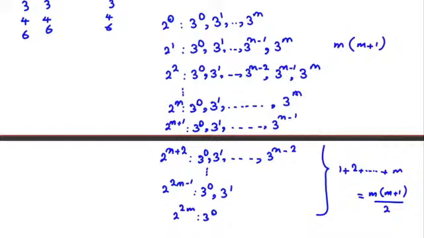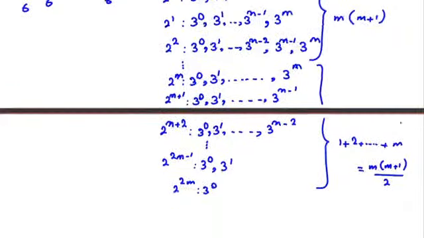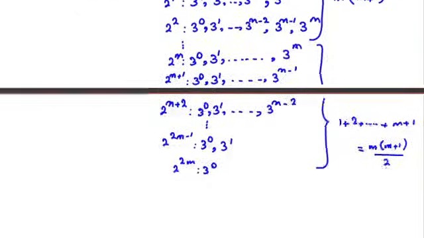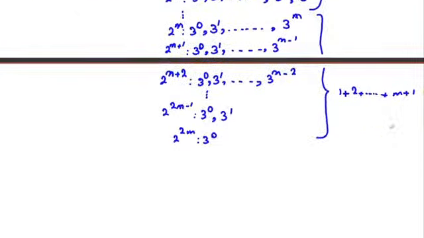We can select, for example, because we've written m times m plus 1, we can consider 2 to the m minus 1, so it will be 0 to m minus 1. M plus 1, and here will be 0 to m plus 1. Last one will be m plus 1, so it will be m plus 1 times m plus 2 over 2.